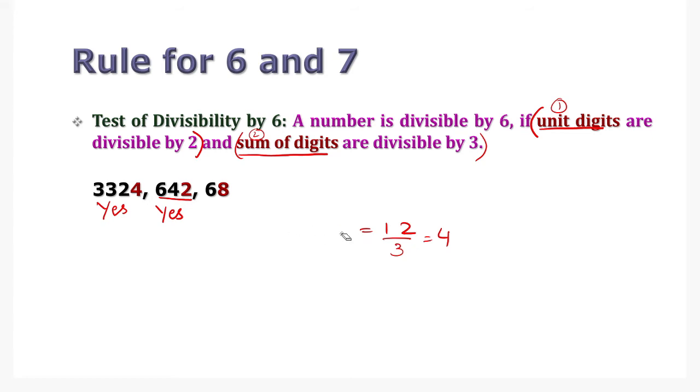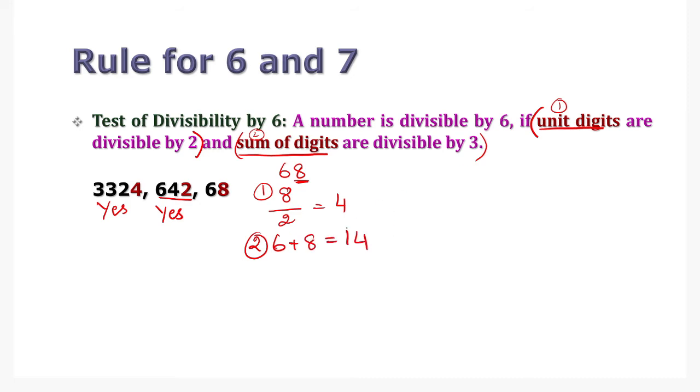Now, let's consider our last example, which is 68. As per our first condition, our last digit is 8, which is the unit digit, so it has to be divisible by 2. 8 divided by 2 is equal to 4. And then our second condition is that the sum of the digits, which is 6 plus 8 equal to 14, should be divisible by 3.